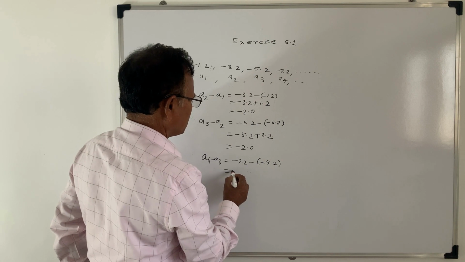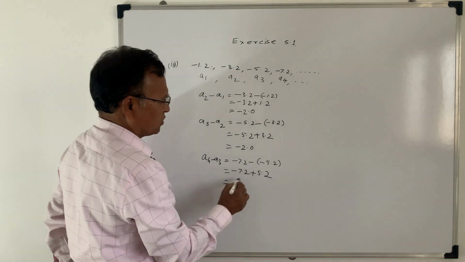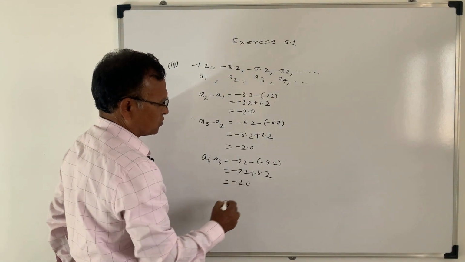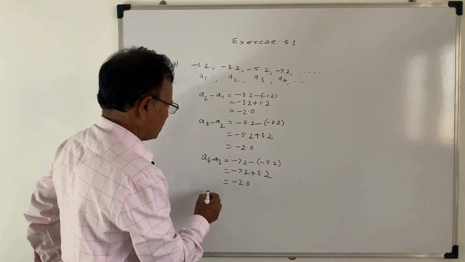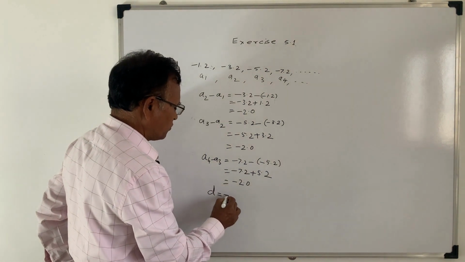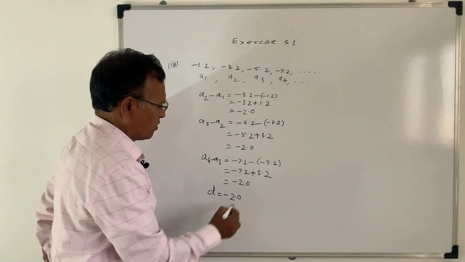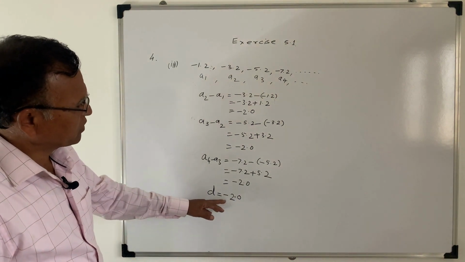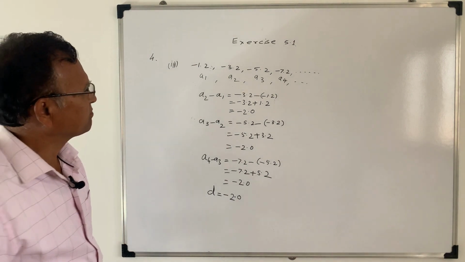So it is -7.2 plus 5.2. So it is -2. So in all terms, common difference is D, and that is equal to -2. So common difference is -2, and therefore it is an arithmetic progression.